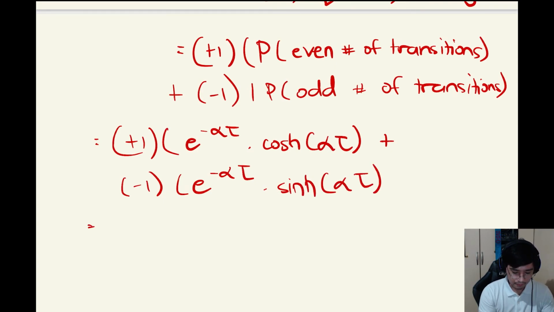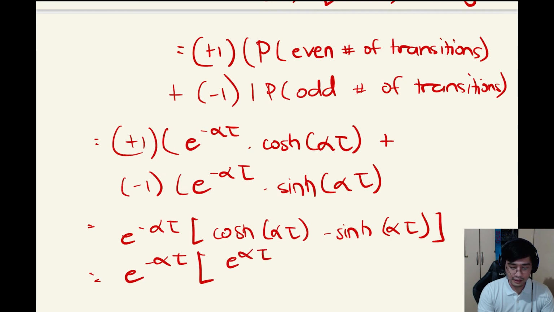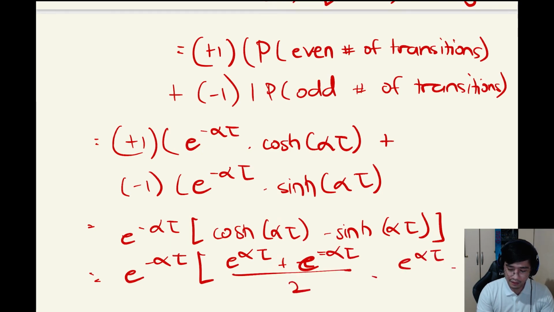So now, e to the negative alpha tau times cosh minus sinh of alpha tau. And we have e to the alpha tau plus e to the negative alpha tau over 2 minus e to the alpha tau minus e to the negative alpha tau over 2.